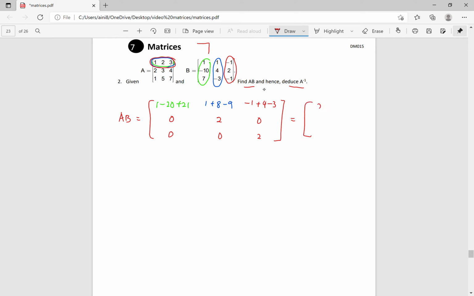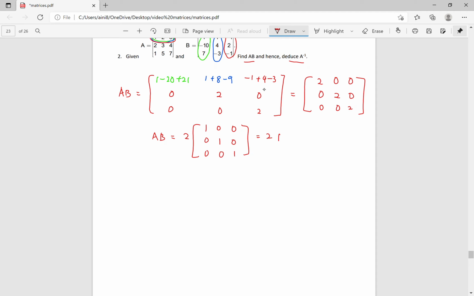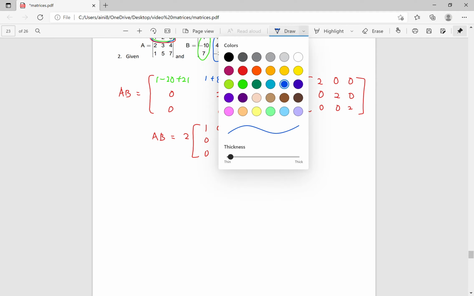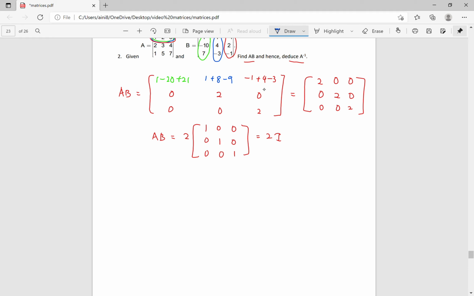That equals 2, 0, 0, 0, 2, 0, 0, 0, 2. As a conclusion, A times B equals 2 identity, because when you factorize 2, you will get a 3 by 3 identity. So when you multiply two matrices and get an identity, you can use the property method.